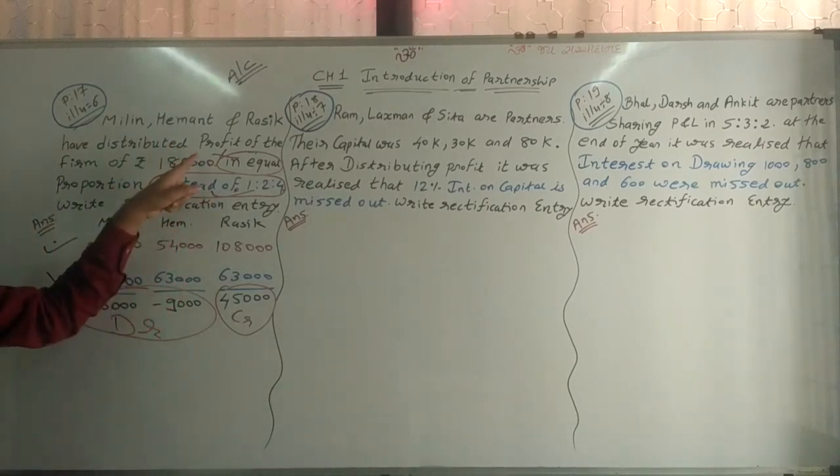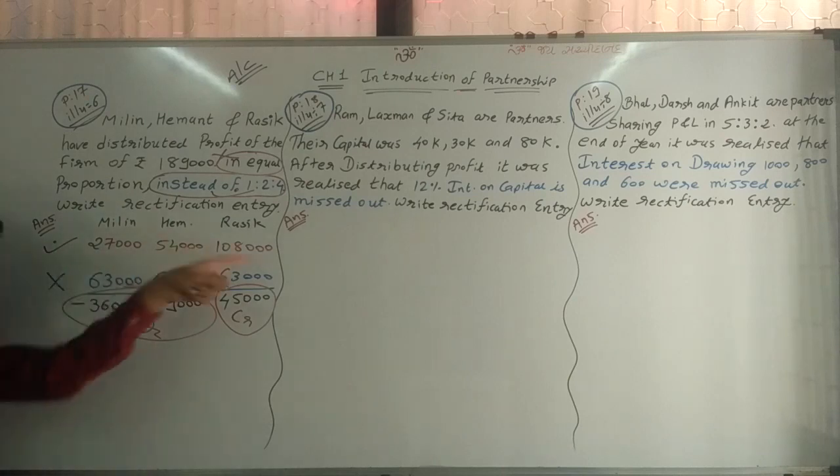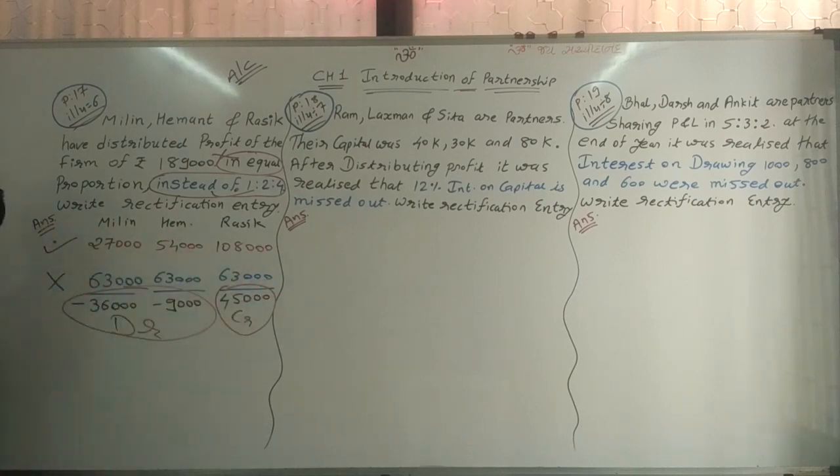There must be the profit. And the calculation, first correct calculation, second wrong calculation. If there is profit, first we have distributed in the correct ratio, then we have distributed in the wrong ratio, and we are finding the difference, then minus debit, plus credit.